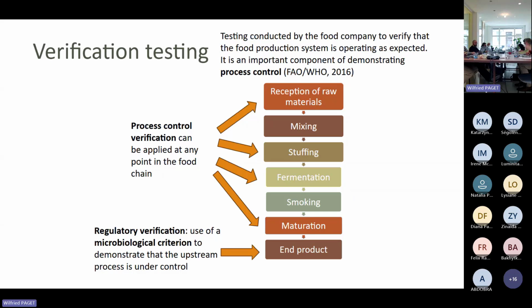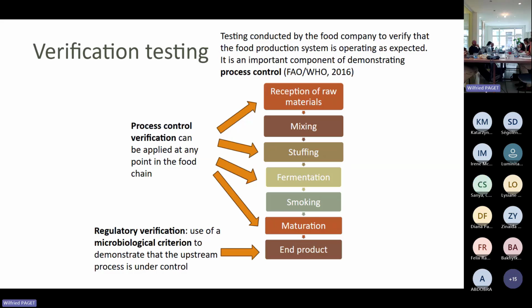And this verification testing can be done in different steps of the production system. It can be in the reception of raw materials, after stuffing, after fermentation, if we think of a sausage production, for example. And of course, we need to define this in order to check the most important points to do this verification test. In the end product, there is also some regulatory verification.